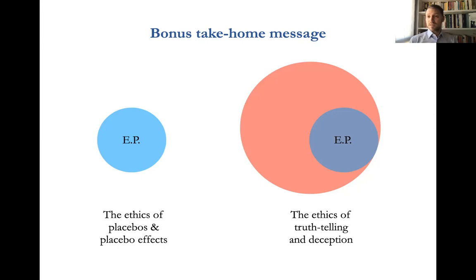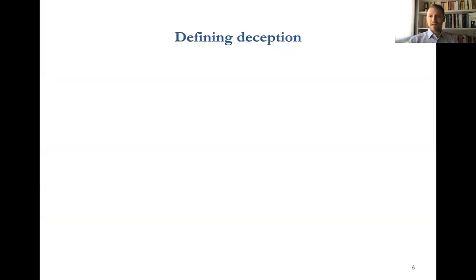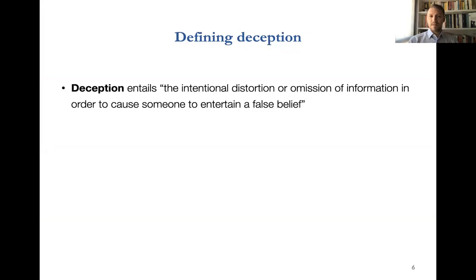This applies also to what we will be looking at in this video lecture, basically a simple specification of a broader moral issue, that is to say the ethics of truth-telling in medicine and science. So that being said, let's begin with the introduction and let's look at the definition of deception.